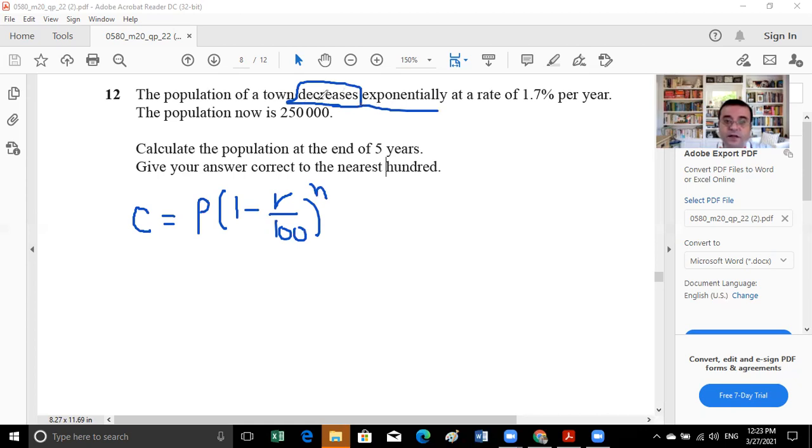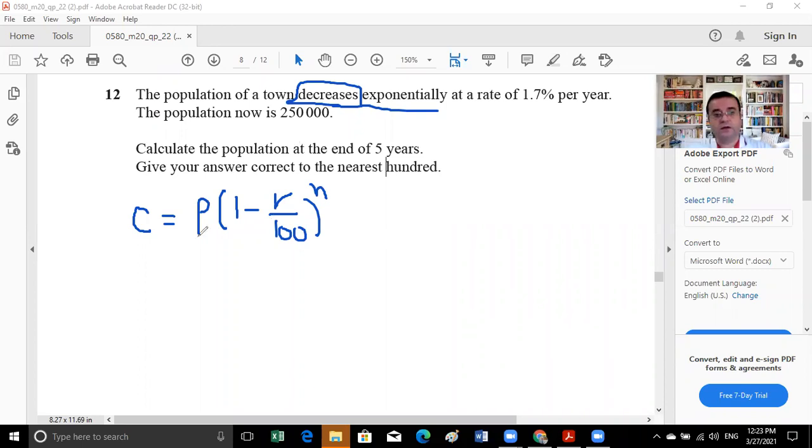If increase, we do plus. Decrease, we go minus. This is very important. A lot of students in exam write 1 plus R over 100, which is wrong. We go 1 minus R over 100, to the power n.